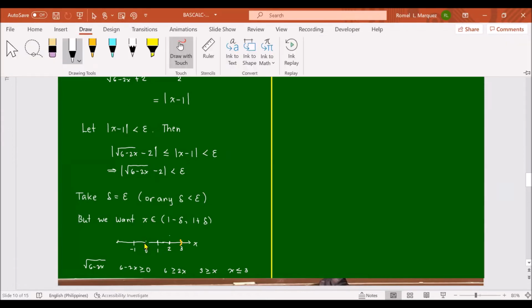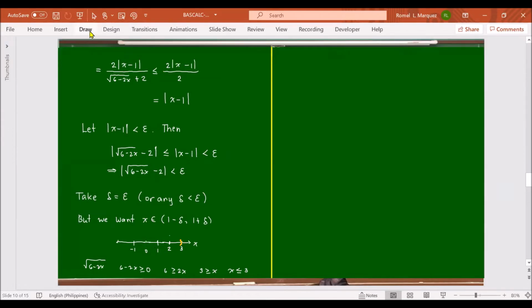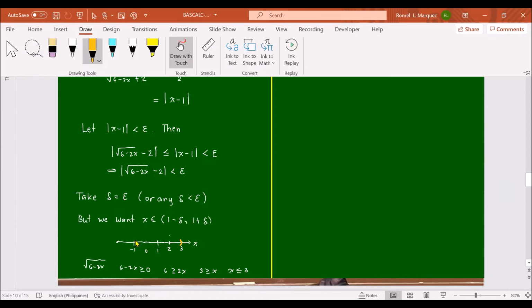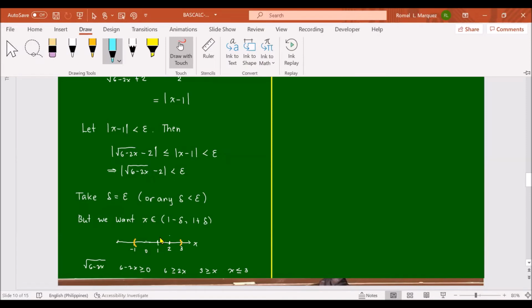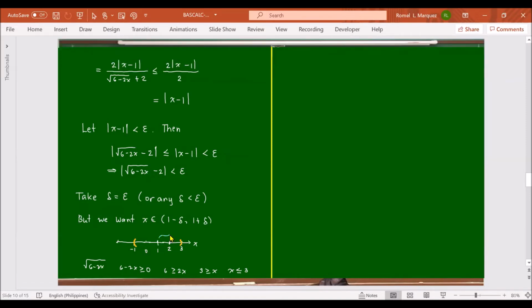This is up to negative 1, no? This is the maximum delta that we can have. So that is delta. And of course, any delta less than that will work.